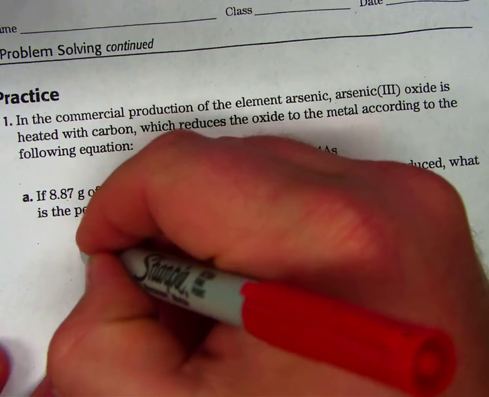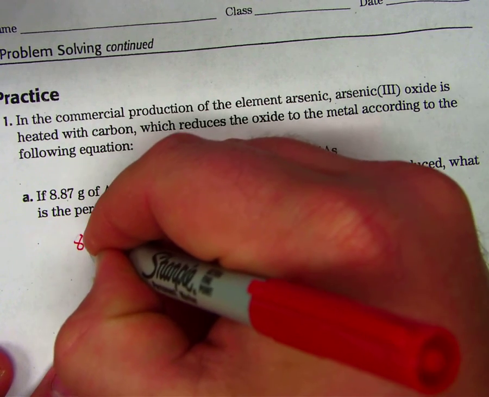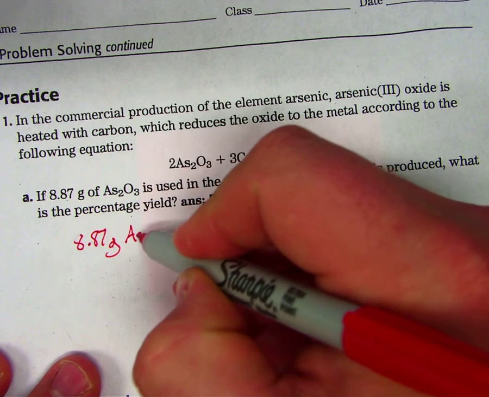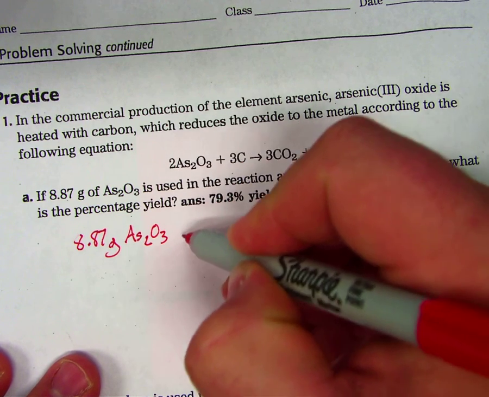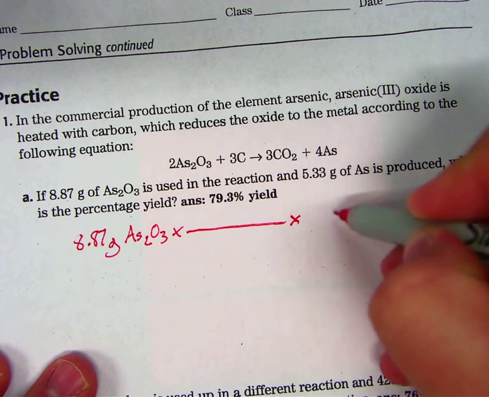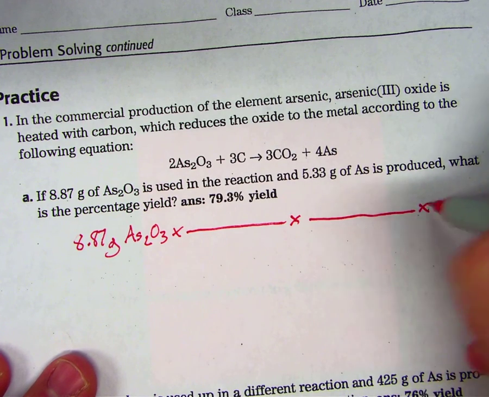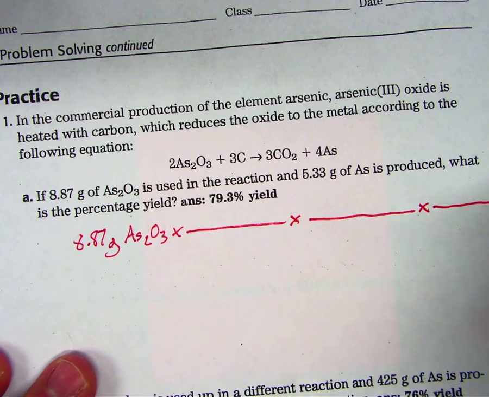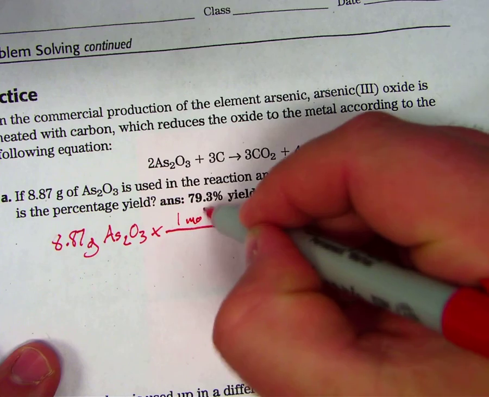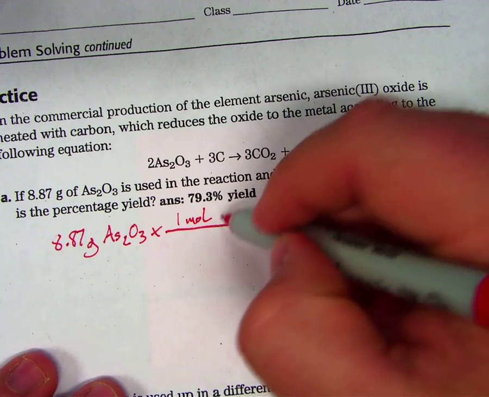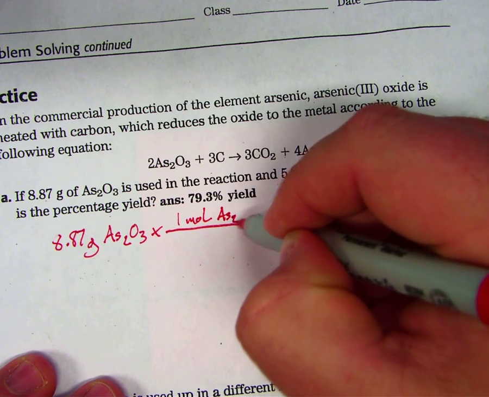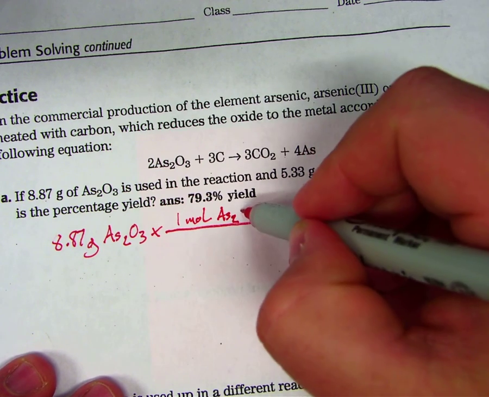So first step is to start my mass-to-mass conversion like we would any other. And that's grams of As2O3. And what's my first step in my mass-to-mass conversions? I got to get it to moles. How do we do that? Good. I put 1 mole on top because in 1 mole, we know that if we add up the masses of what's on the periodic table, we will get the grams for that 1 mole of arsenic 3 oxide.